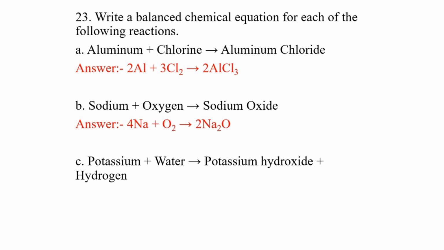Potassium plus water gives potassium hydroxide plus hydrogen. 2K plus 2H2O gives 2KOH plus H2.